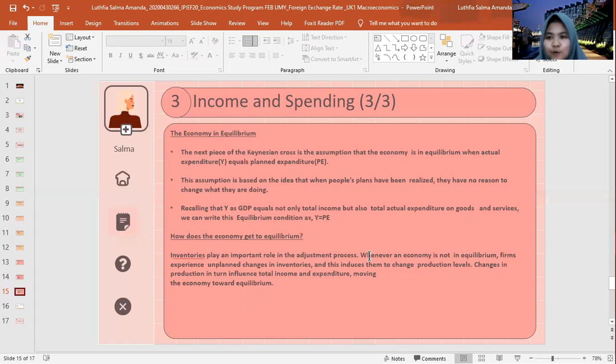Whenever an economy is not in equilibrium, firms experience unplanned changes in inventories, and this induces them to change their production levels, and changes in production in turn influence total income and expenditure, moving the economy toward equilibrium. And that's all my explanation about a summary of macroeconomics from meeting 1 until meeting 3.